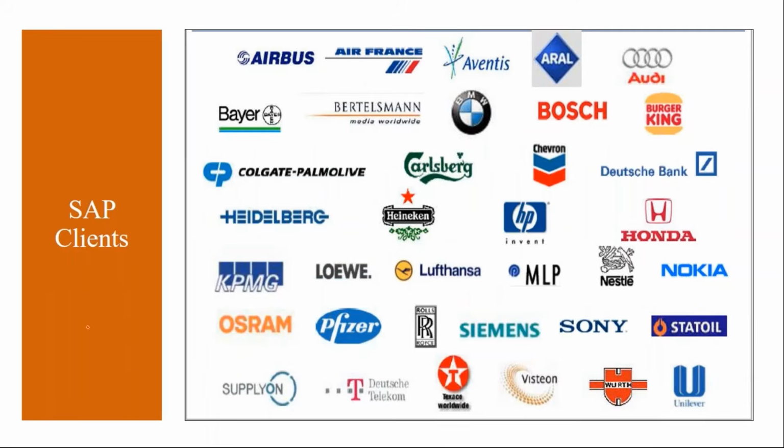As I just explained, most of the Fortune 500 organizations from various types of industries are running their day-to-day business using SAP, like in automobile, Honda, BMW, Audi, those kind of things. And in pharma, Bayer, Pfizer, and in the retail segment, and in beverages you have Carlsberg, Heineken.